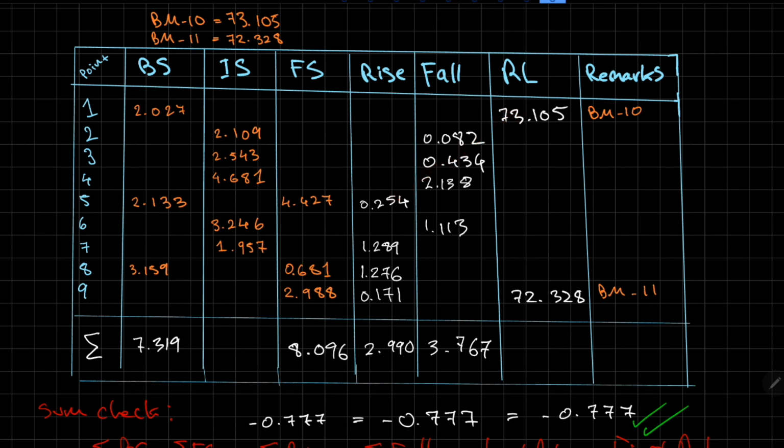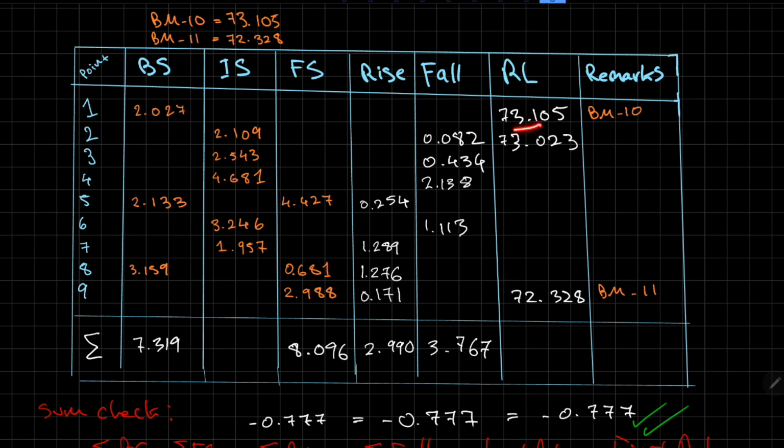Now, we are going to do 73.105 minus 0.082, and we minus this because it's a fall value. So that is equal to 73.023.